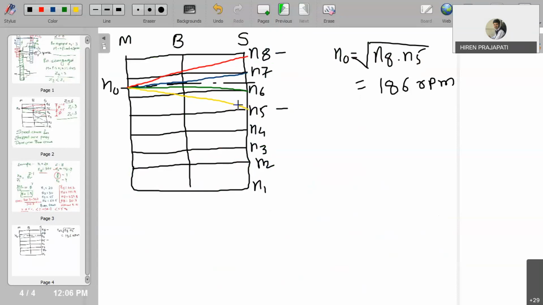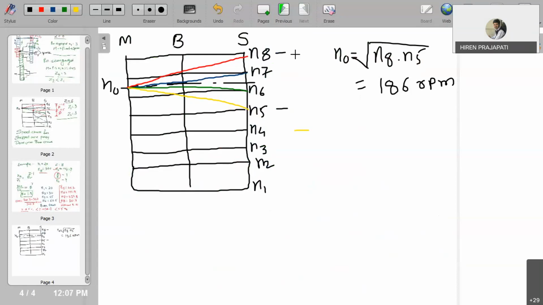Okay, now what should be the gear ratio? If we need to get N4 from N8, so total gear ratio is 1, 2, 3, 4.